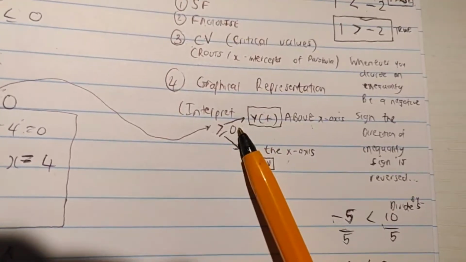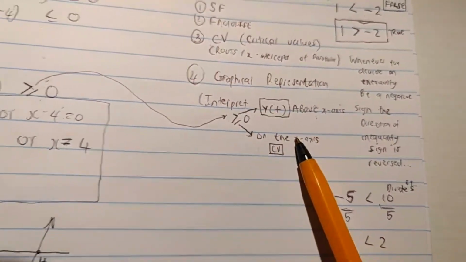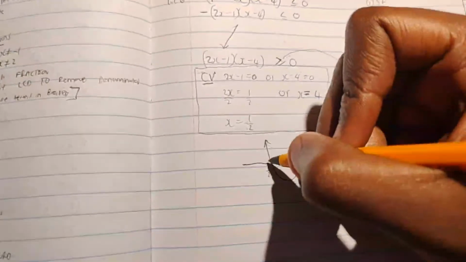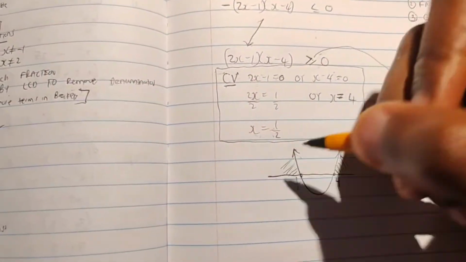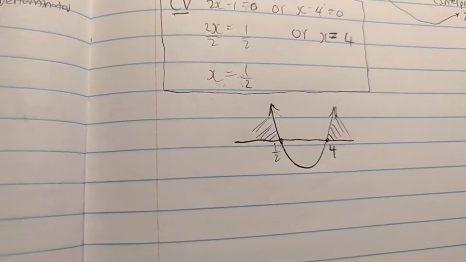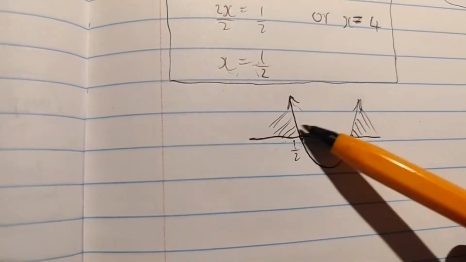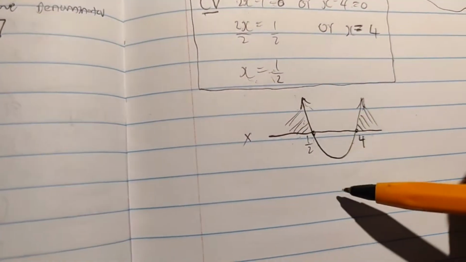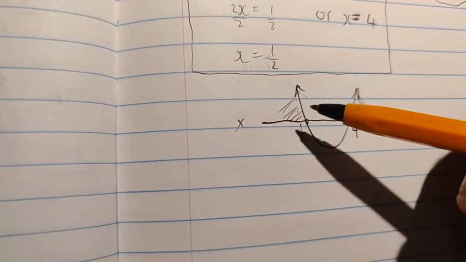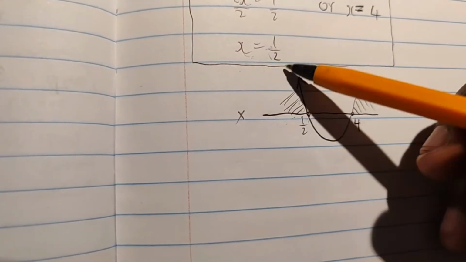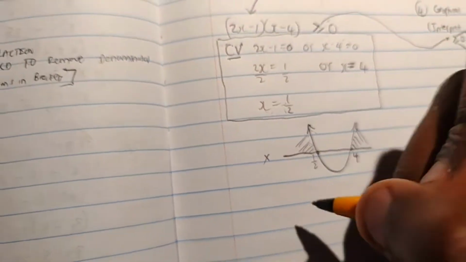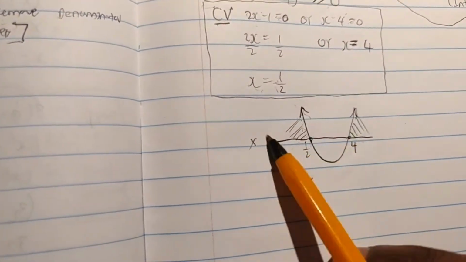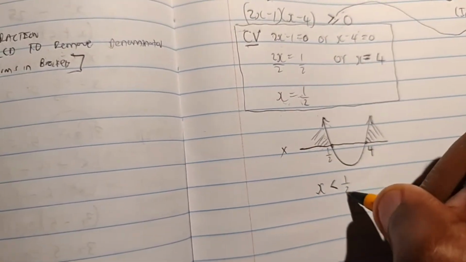What does equal to 0 mean? It means on the x-axis. So on my graph, this is where we are greater, above the x-axis. This is the x-axis. This is where we are above. What x values show the function being above? It's where x is less than who? Half.